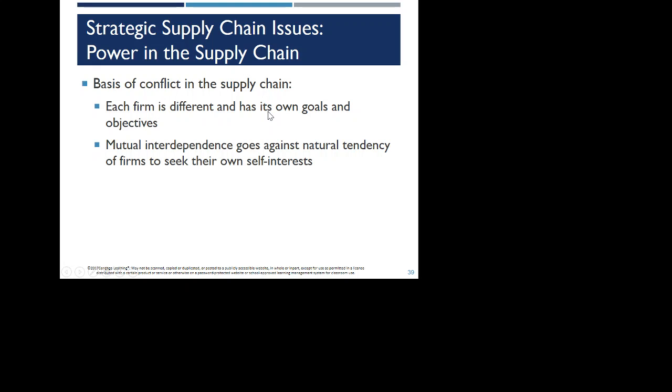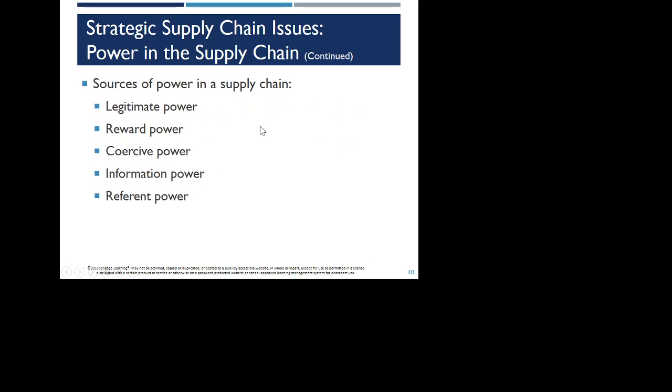Conflict. In a supply chain, there's more than one organization working together, and there can always be different types of conflict. They have their own goals and objectives typically, or if there is interdependence, as there should be, it can create problems along the way. Okay, especially if there are differences in power.